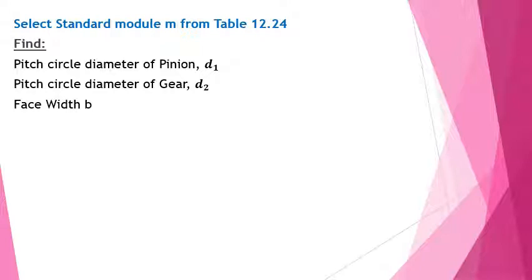Next, select the standard module from table number 12.24 for the bevel gears. After that, we can find the pitch circle diameter of the pinion and the gear, that is d1 and d2 respectively, as well as the face width B once we find the value of the standard module.